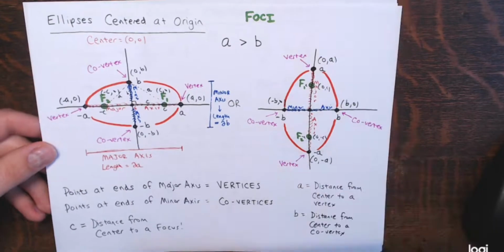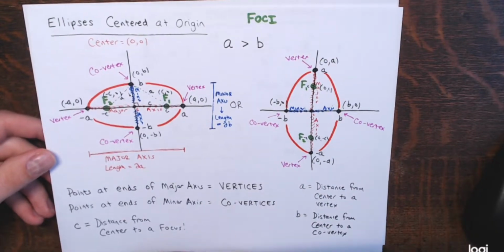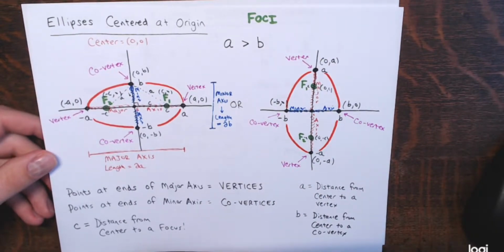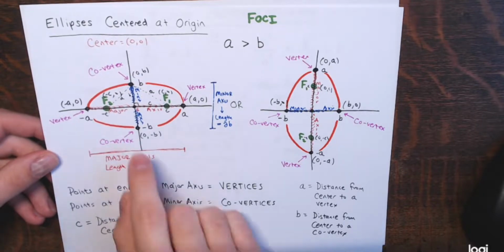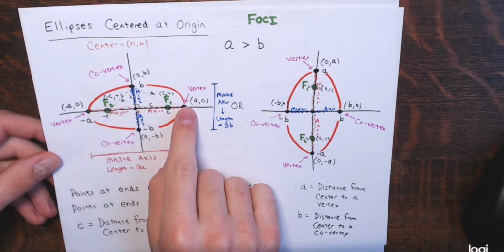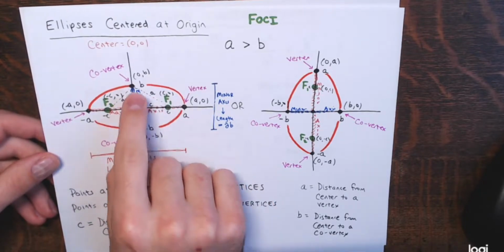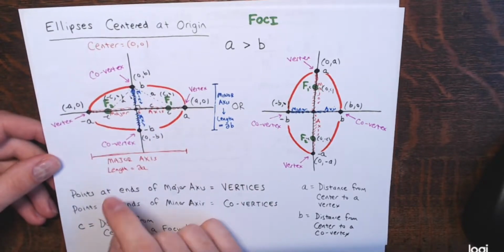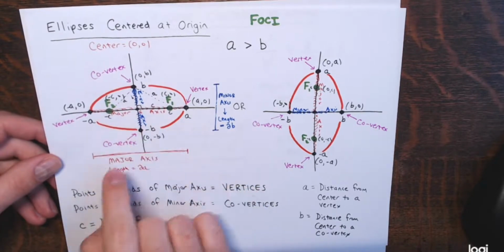And I've got those pages written out right here actually. You had a major axis, a minor axis, vertices at the ends of the major axis, co-vertices at the ends of the minor axis. You have these 2 points called foci that were on the major axis.